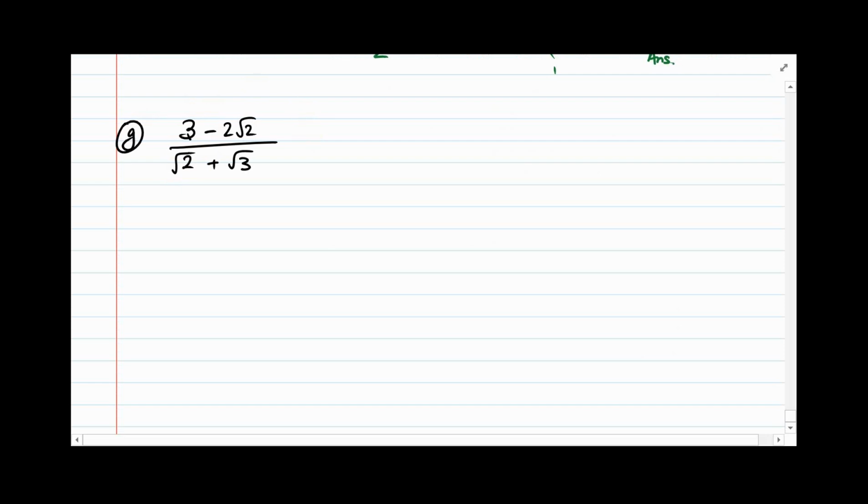All right, so here's what we have. Let's rewrite it again. Root 2 and root 2 plus root 3. We're going to multiply by the conjugate, which will be root 2 minus root 3.